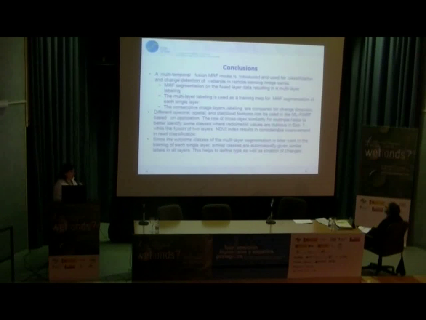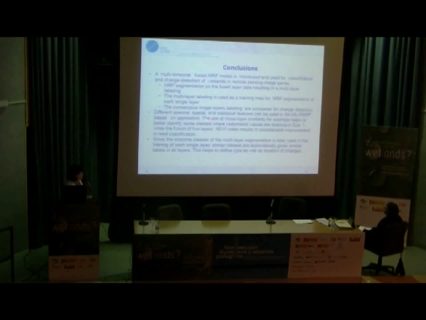So to conclude my presentation, we have proposed a multi-layer fusion Markov random field model, and we use this in the classification and change detection of wetlands in remote sensing image series. The advantage of our model is that we can use different spectral or spatial or statistical features, and based on the application, for different applications, we can use different features.